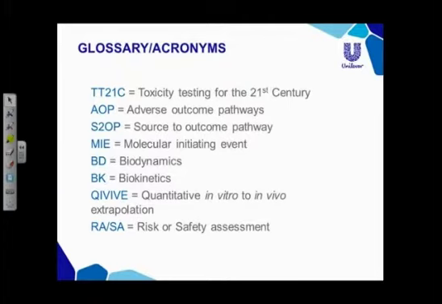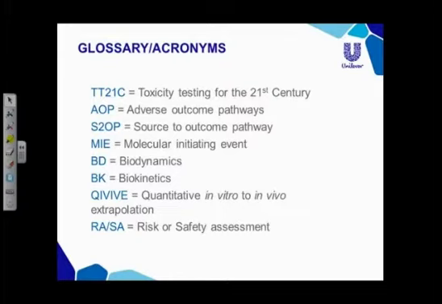And then really understanding what happens in cells, and the dose response of what happens in cells, which we can term biodynamics, BD, is important. And we have to relate that to the actual exposure we have to chemical ingredients in products. That's the biokinetics, the BK.